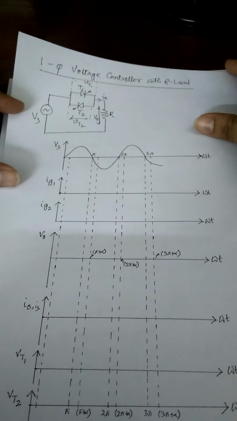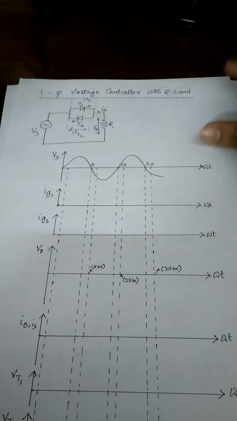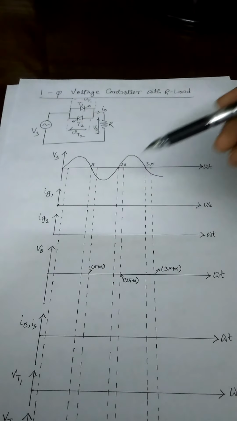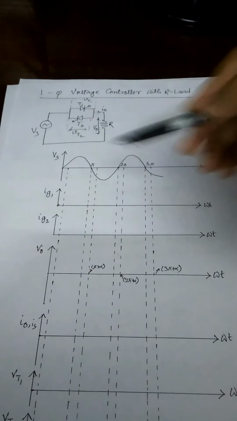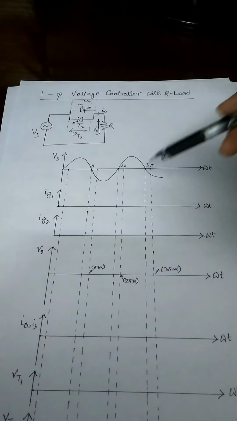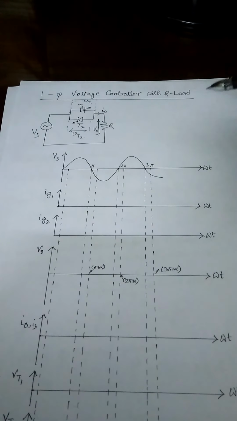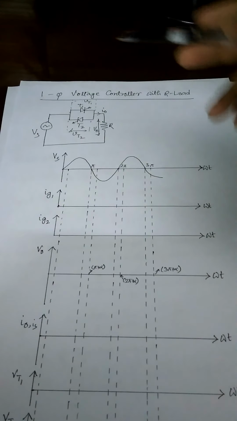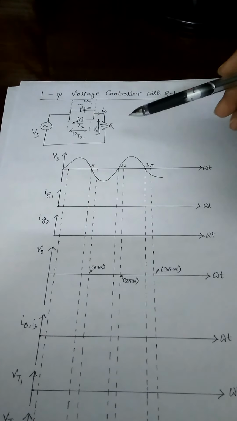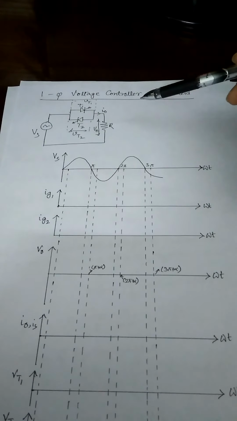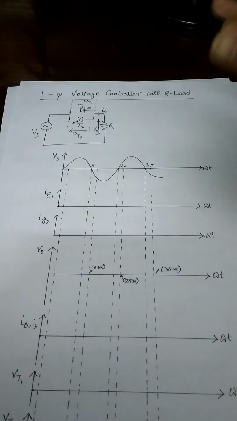Now we will see what happens in our waveforms. This is the common sinusoidal voltage waveform, the supply voltage applied here. Based on that, when we are considering the thyristors, there is obviously the matter of the firing angle.